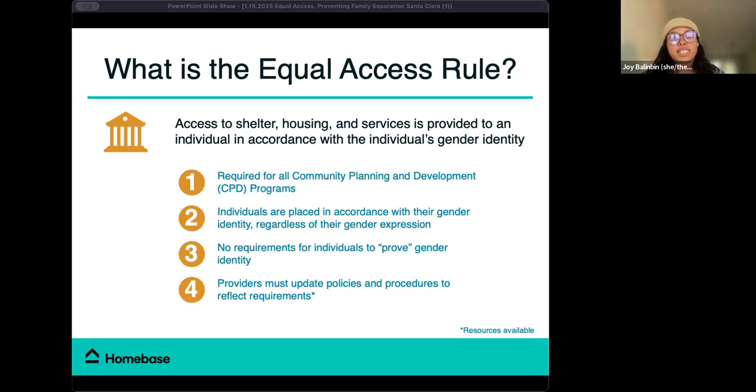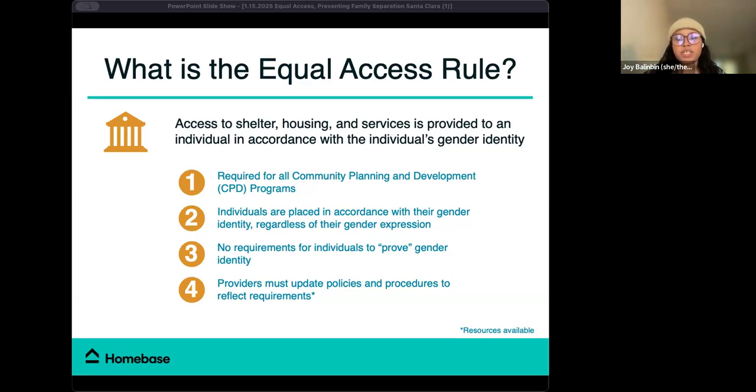So in September 2016, the Department of Housing and Urban Development, or HUD, published this Equal Access Rule in order to ensure that access to shelter, housing, and services is provided to someone in accordance with their own gender identity, which is defined as the gender with which they identify, regardless of their sex assigned at birth or their perceived gender identity.